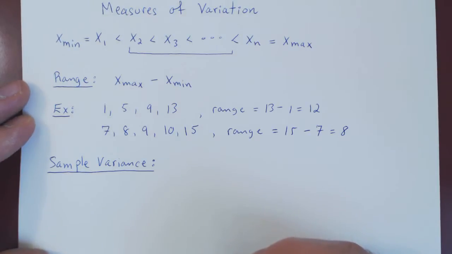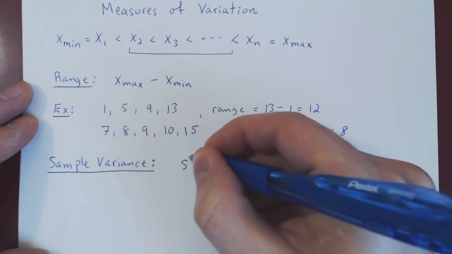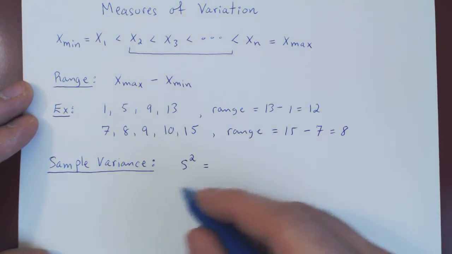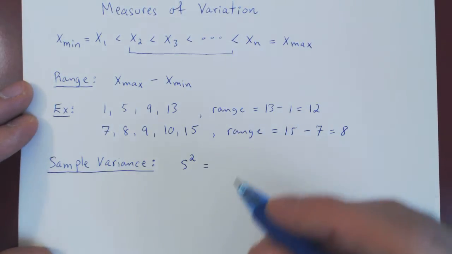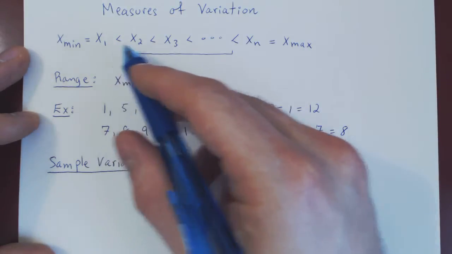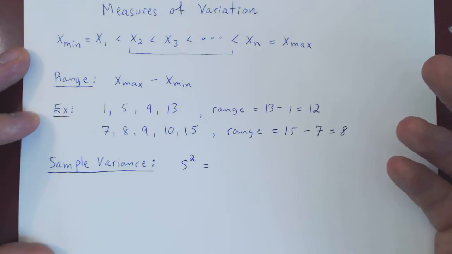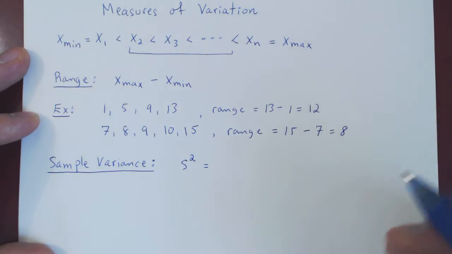The symbol for this is a lowercase s squared. And how is it computed? Now in this measure of variation, we will not ignore any value of our set. The idea is we want, on average, to know how far are the values from the sample mean x bar.